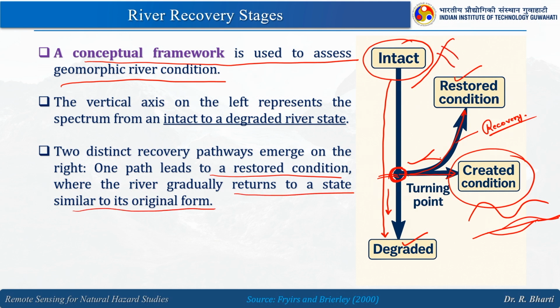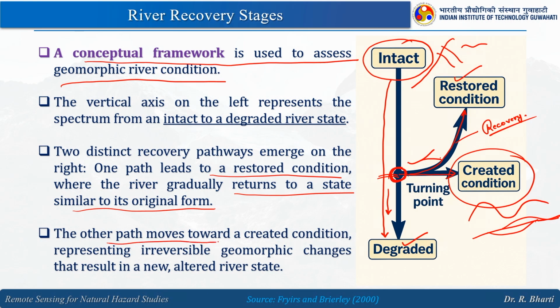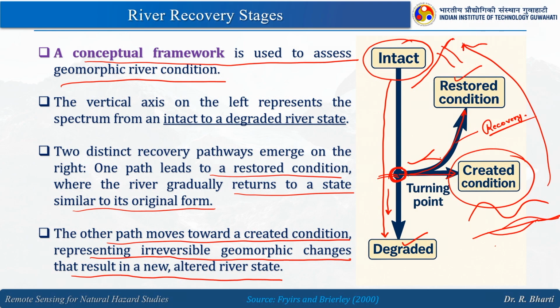So, both will be almost similar. The other path moves towards a created condition representing irreversible geomorphic change that results in a new altered river state, because once it has changed from straight to meandering or braided, it cannot go back to the straight, right. So, that is what we are saying, that it is irreversible.